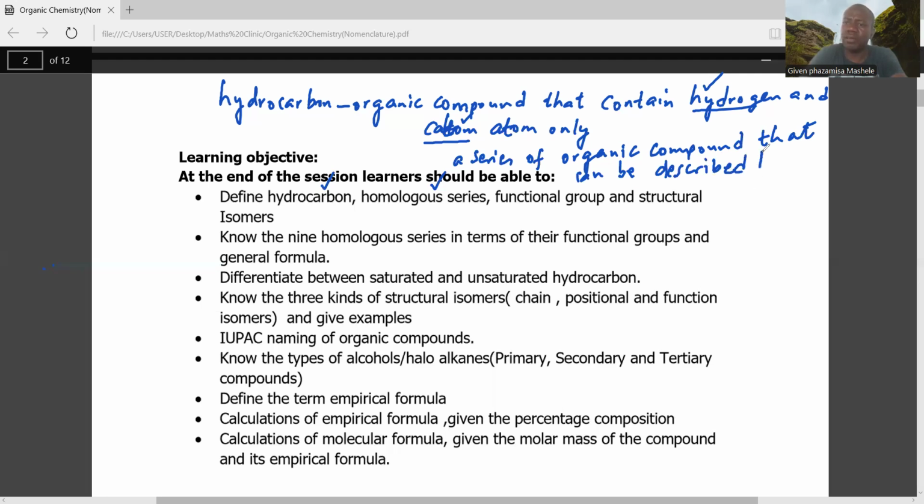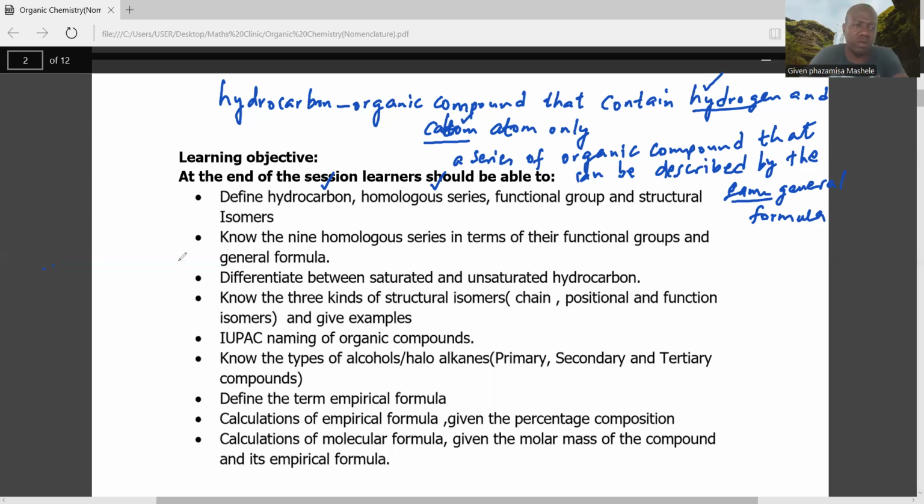So a series of organic compounds that can be described by the same general formula is called a homologous series. Right. What does this mean? It means that those compounds that have similar chemical properties and have the same general formula are regarded as a homologous series.